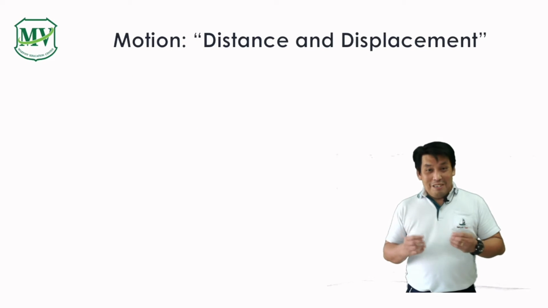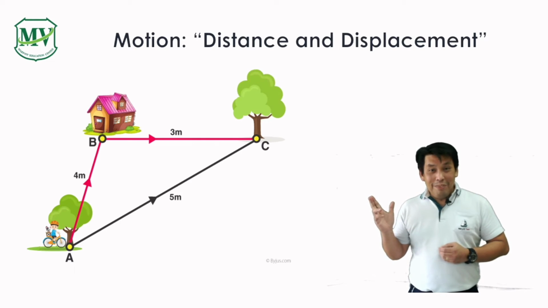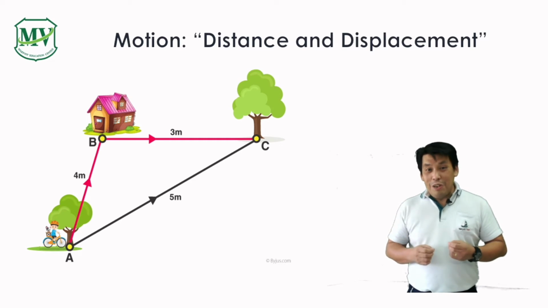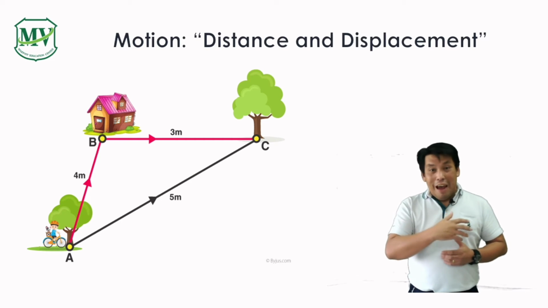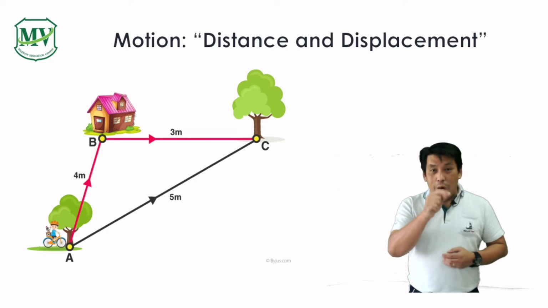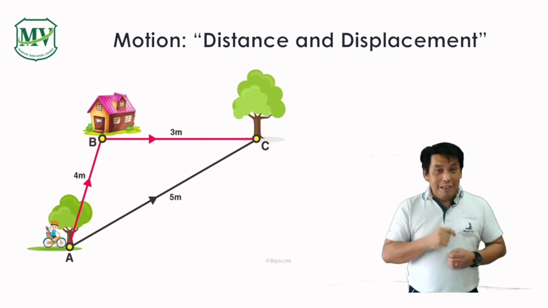Let's understand the concept of distance and displacement with the help of the following diagram. Let's say we have a boy who is traveling from point A to point C. His path of travel brings him from point A to point B, and from point B to point C. From point A to point B, the distance is 4 meters.